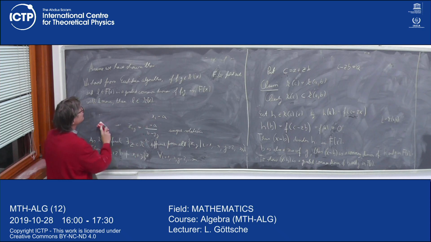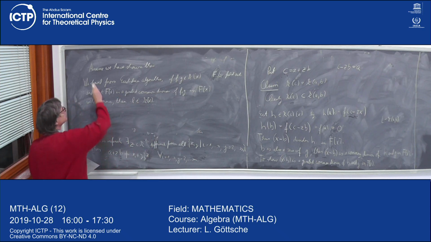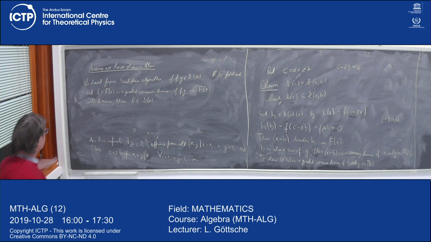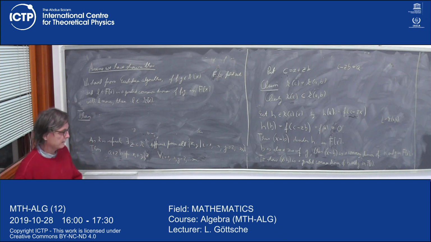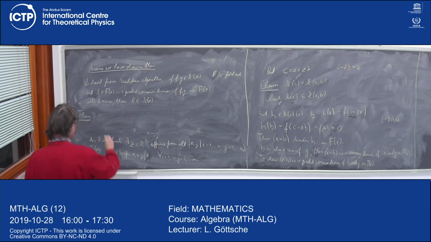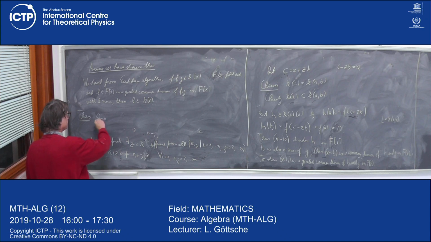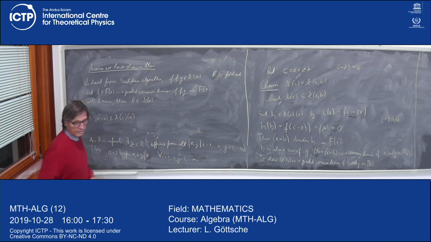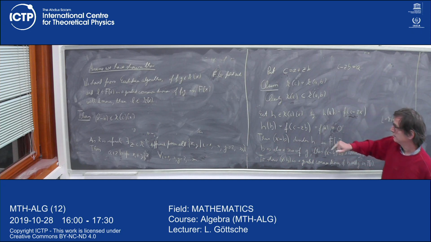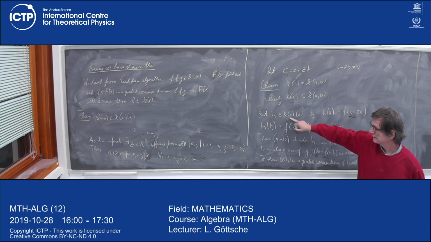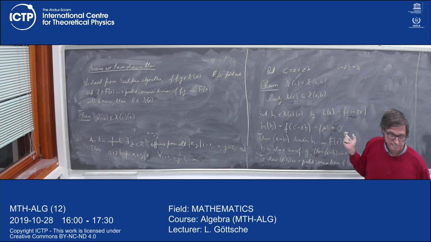So therefore, if we assume that we have already shown that this is the greatest common divisor, then it follows that x minus b is an element in K(c)[x], because we had that h was in K(c)[x], and g was in K[x].